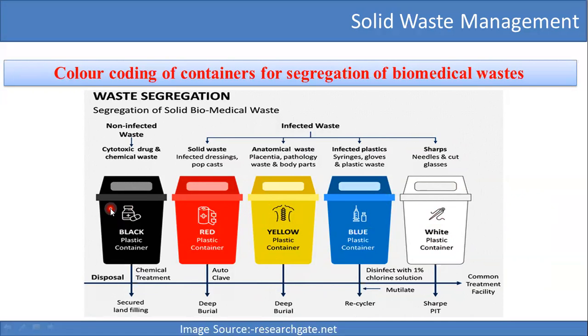The material stored in the black plastic container is chemically treated, or disposed by the method of land filling. The biomedical waste stored in the red plastic container is autoclaved, and after that it is buried into the earth.